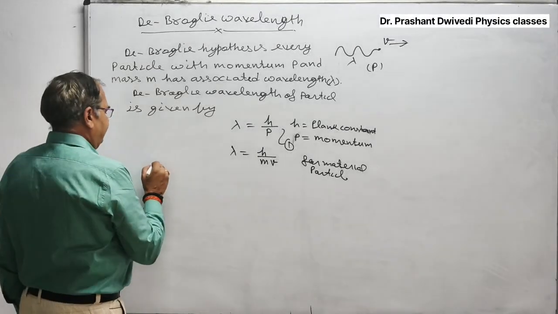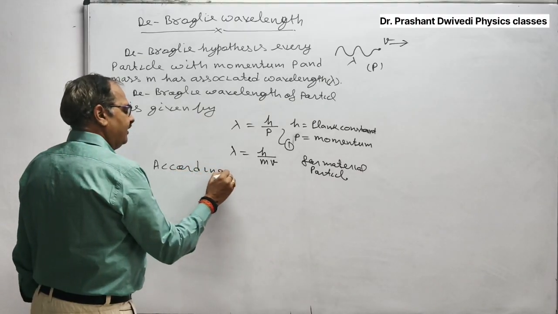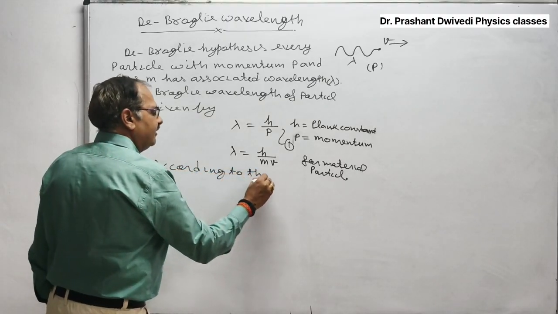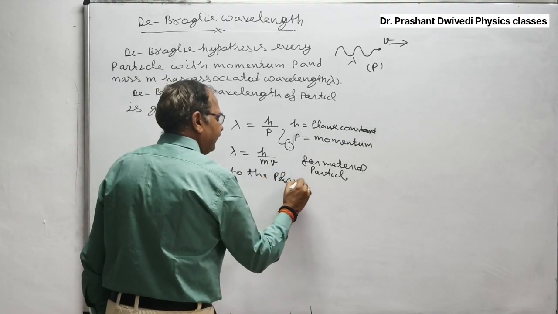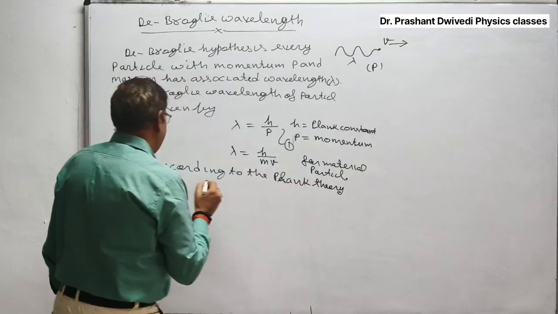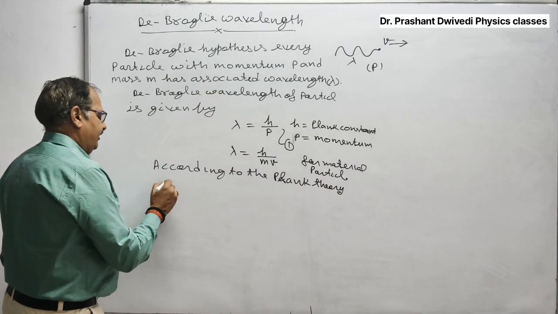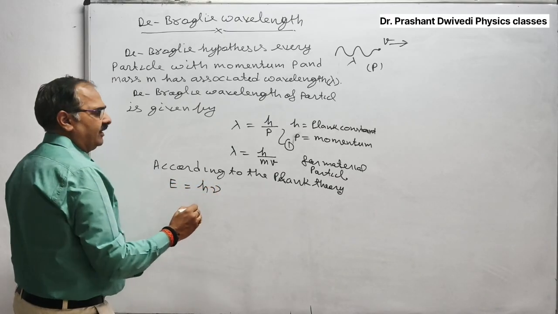According to the Planck theory, E is equal to h nu.